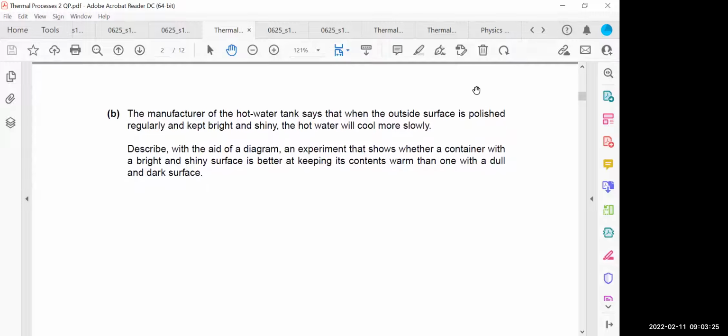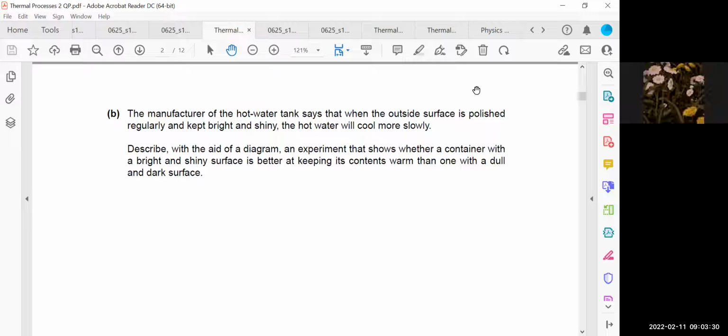In B part, the manufacturer of the hot water tank says that when the outside surface is polished regularly and kept bright and shiny, the hot water will cool more slowly.